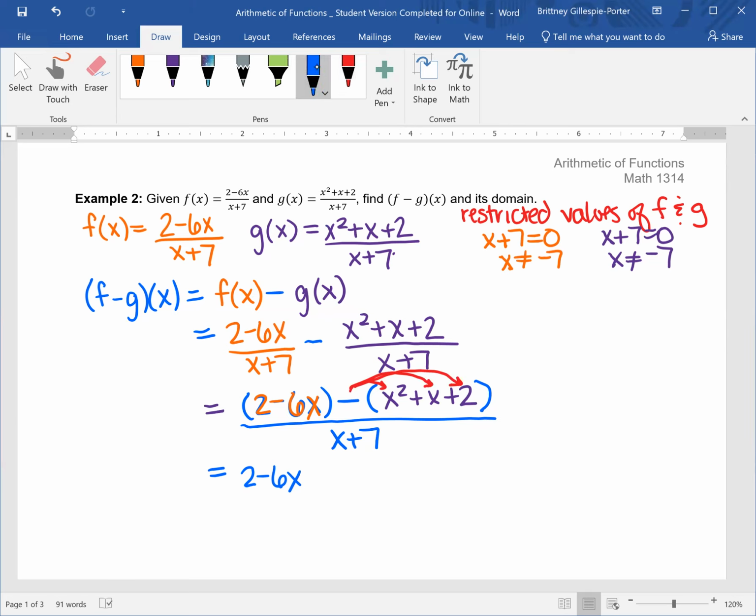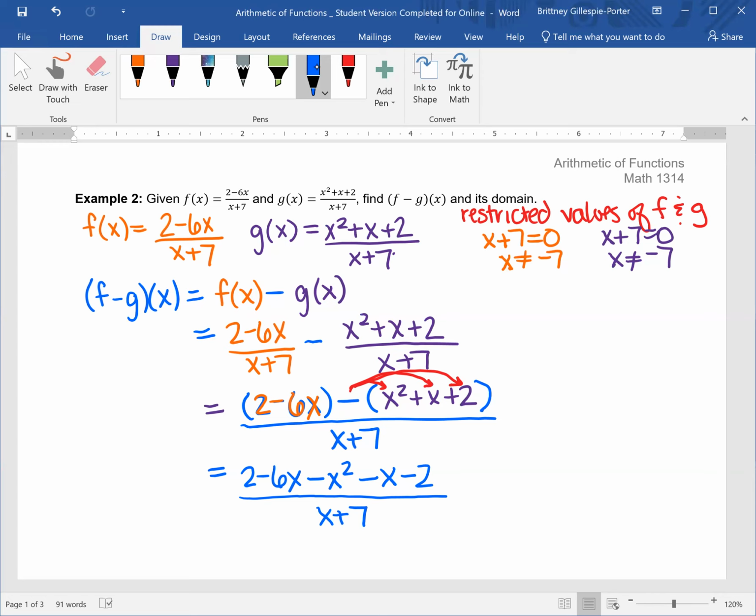So instead of a positive x squared, we have a negative x squared. Minus x minus 2. If any of these were negative, they would become positive. So for instance, if I had a minus 7, it would become plus 7. All over my x plus 7.